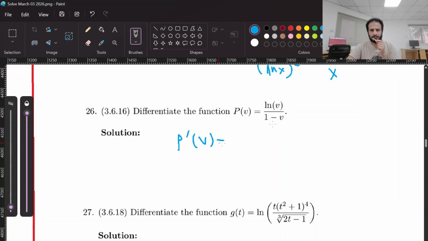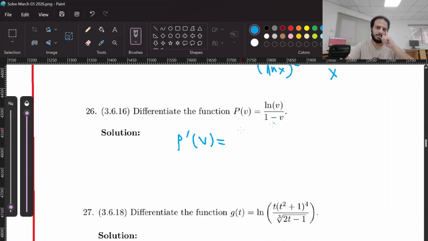You want it with the product rule? Sorry, not product rule, quotient. This one we cannot do with the chain rule. You can do it with chain and product, but I think the quotient rule is easier.